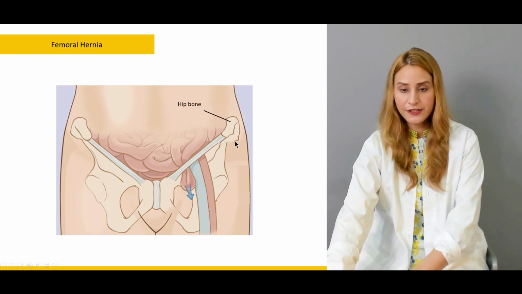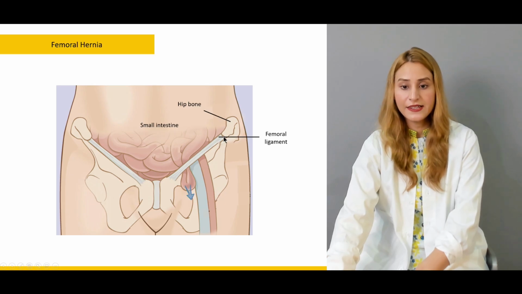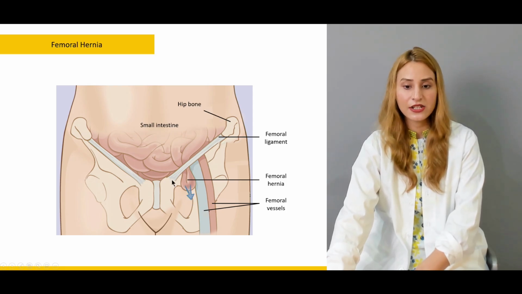This is the hip bone, this is the small intestine, this is the ligament, and this is the femoral hernia. And these are the femoral vessels. You can see the vein medially and the artery laterally. But here, most medial to the vein are the Cloquet nodes, and the hernia is actually coming from that side, which is medial to the vein.